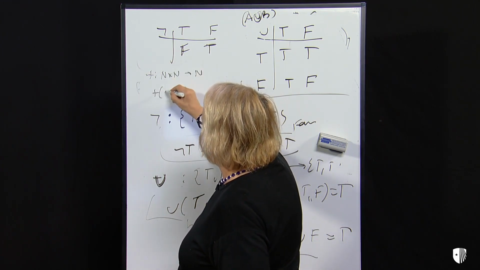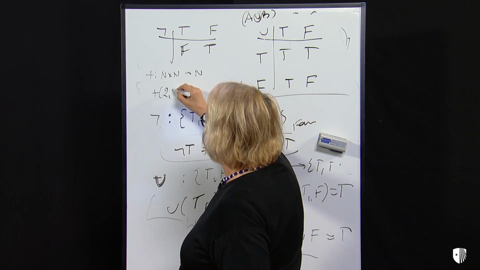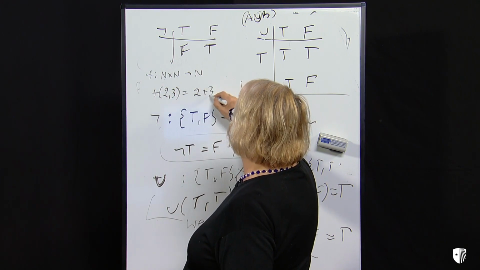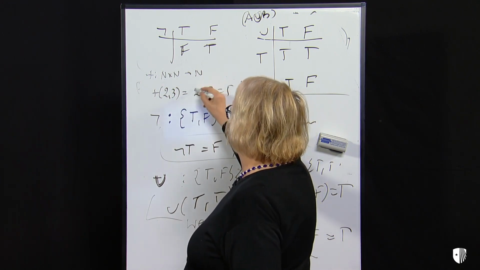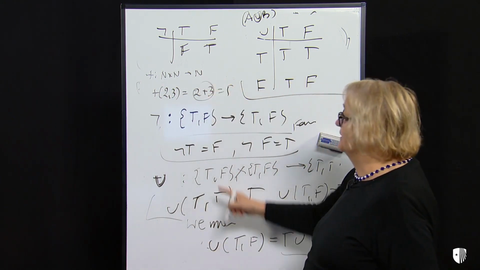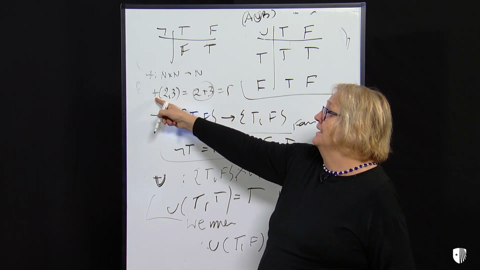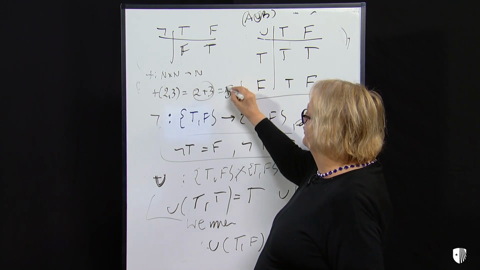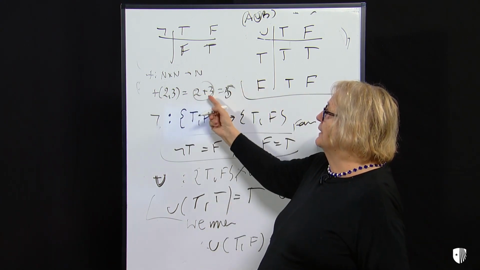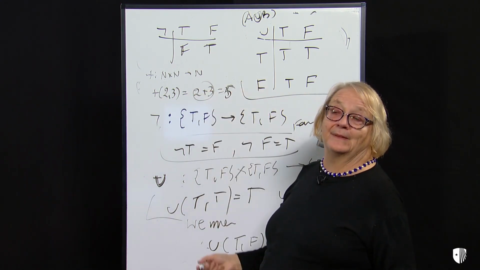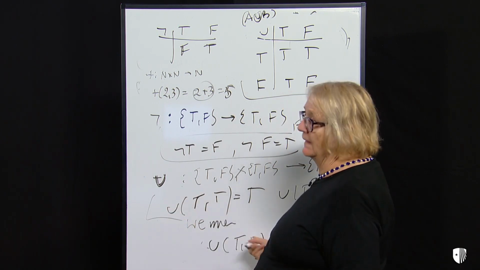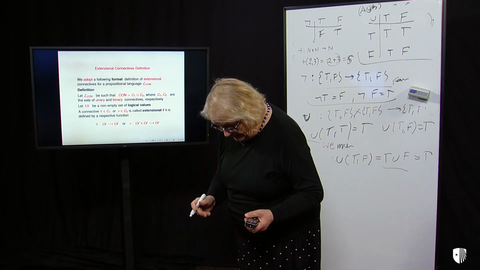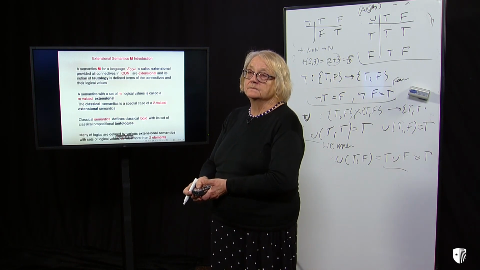For example, the addition of two numbers gives you 2 plus 3 equals 5. So instead of writing all the time that this is a function which takes 2 and 3, you write 2 plus 3, and you write the plus in between. It is the same type of notation. I just want to remind you of that.